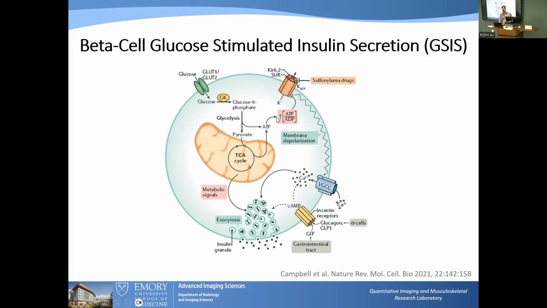It produces ATP, and rising ATP levels block this potassium channel and cause a depolarization of the cell. That then triggers the voltage-gated calcium channel to open up and allow calcium into the beta cell, and that's what prompts exocytosis of the insulin granules. So in the center of all of this is oxidative metabolism.